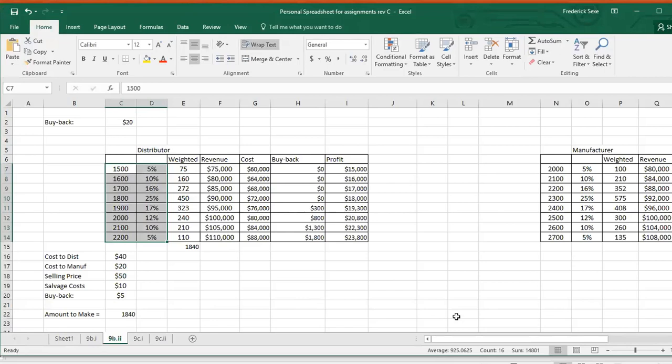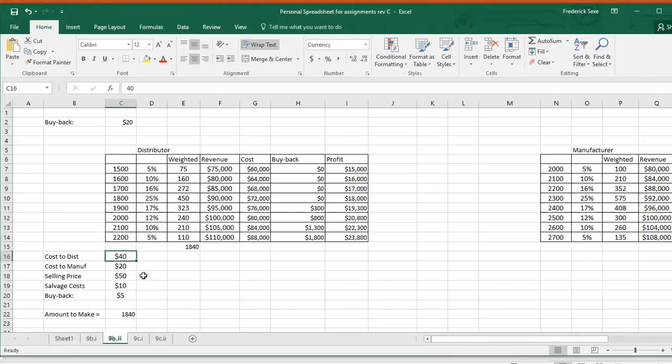Just remember that you can do anything you want with this problem. You either do a buyback, in which case you just add another column that has buyback, or you can even do revenue sharing, where you basically say the manufacturer, let's say for instance we decide that we just want to change the cost of the distributors.